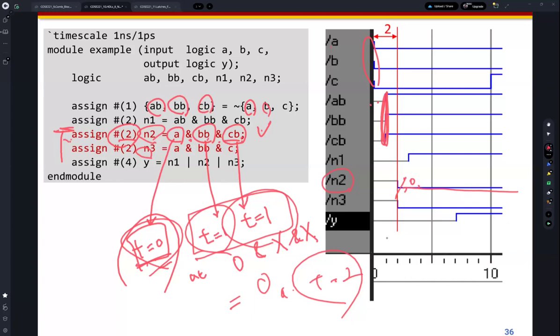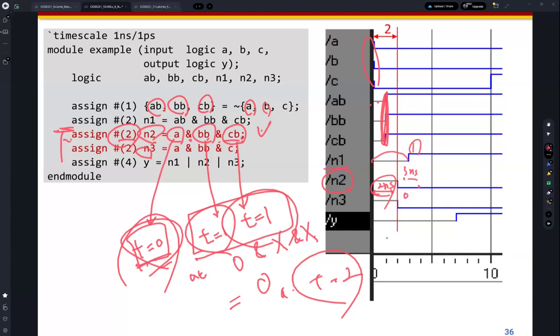Okay, so that's why you can find that n1 is stabilized, becomes 1 after 3 nanoseconds, right? But n2 and n3 become 0 after 2 nanoseconds. Okay, so you can just understand: when the right-hand signals are changed, the assign statement is executed.